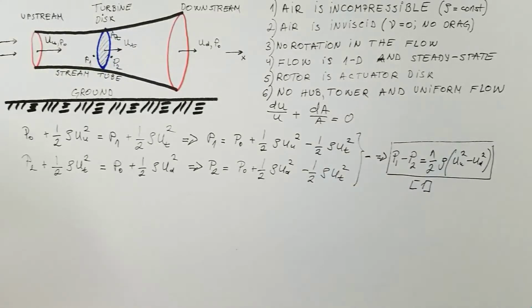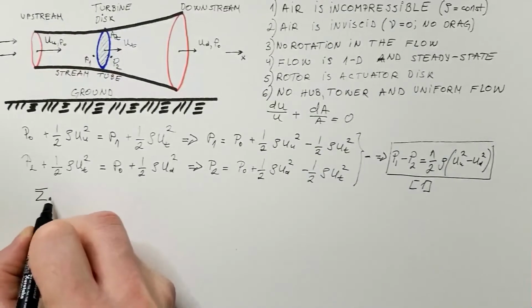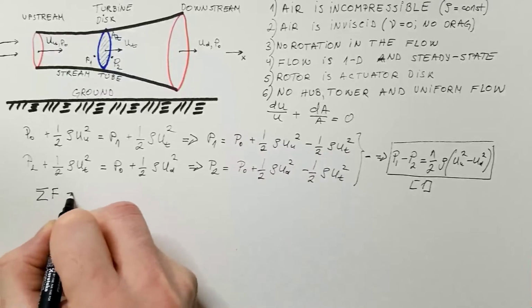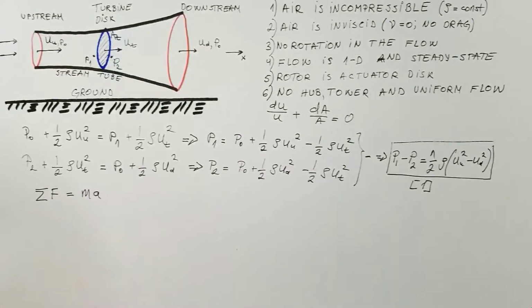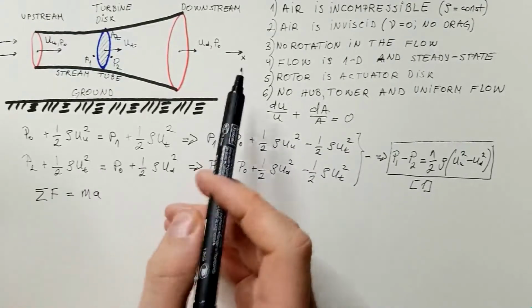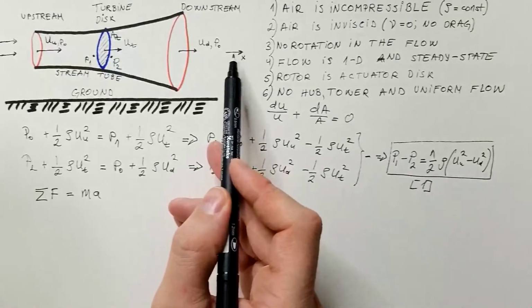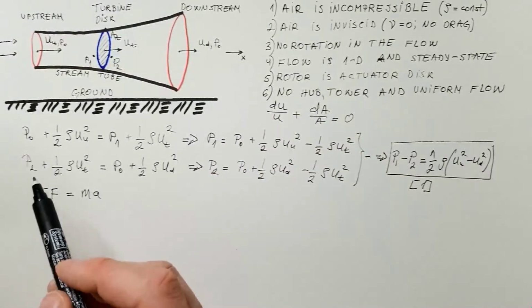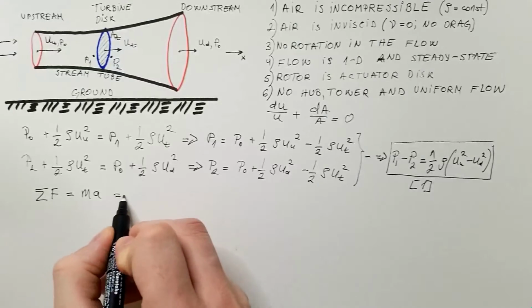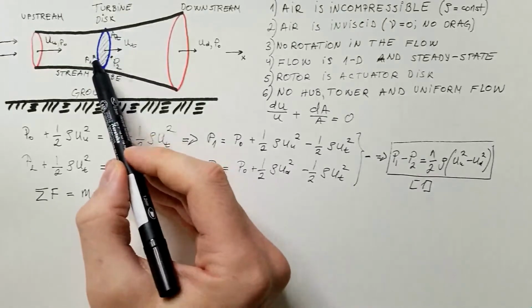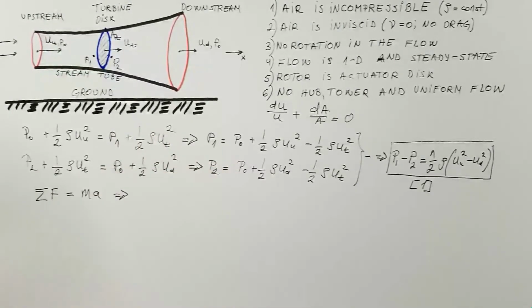We know from Newton's second law that the sum of all forces is equal to mass times acceleration. And I don't need to use vectors because everything is one-dimensional. That's my assumption. So what are the forces? Well, here the force is P1 times area.